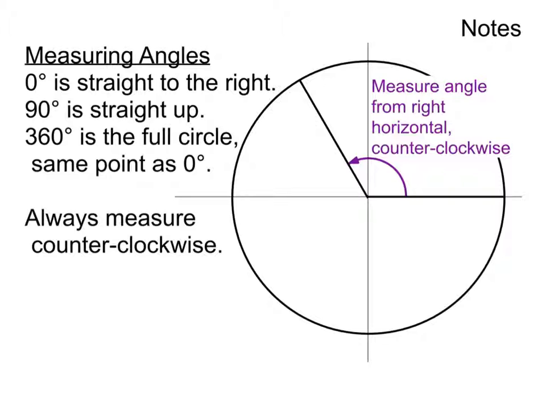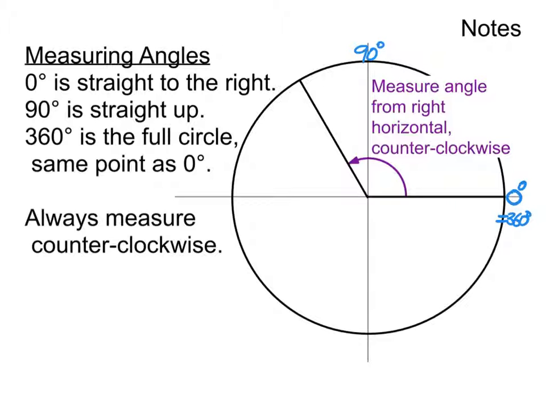Notice here, 0 degrees is straight to the right. So that means that as I look at this picture that we've drawn, this would be where 0 degrees is. 90 degrees is straight up. So this is actually where our 90 degrees would be. And 360 degrees, that's the full circle. And so 360 is also equal to the same thing as 0 degrees.